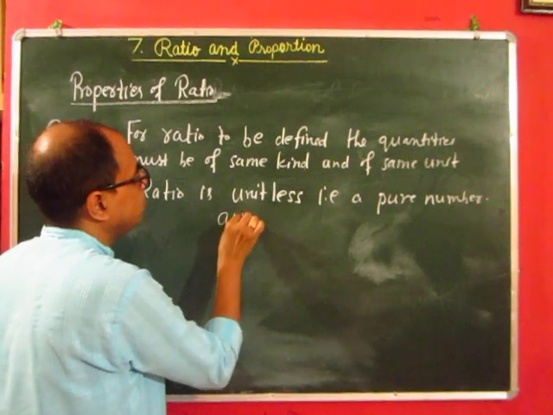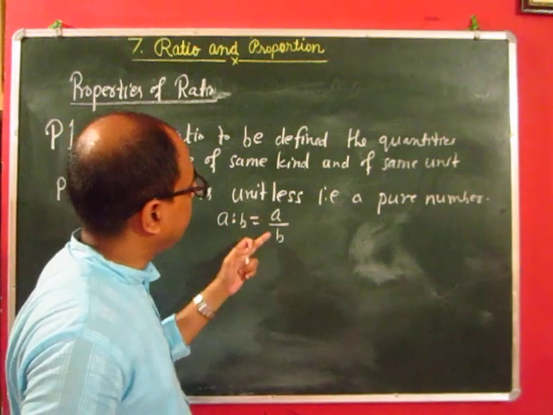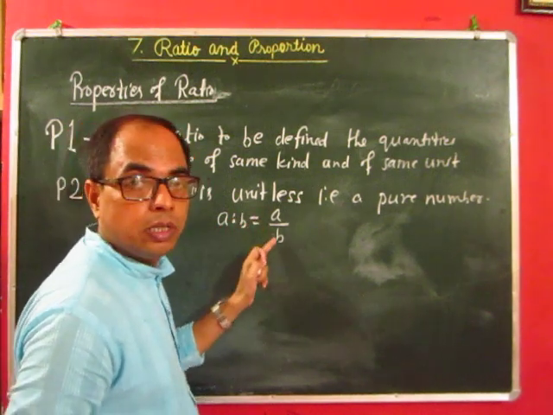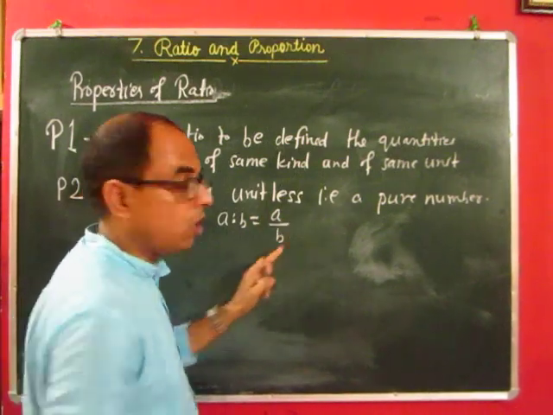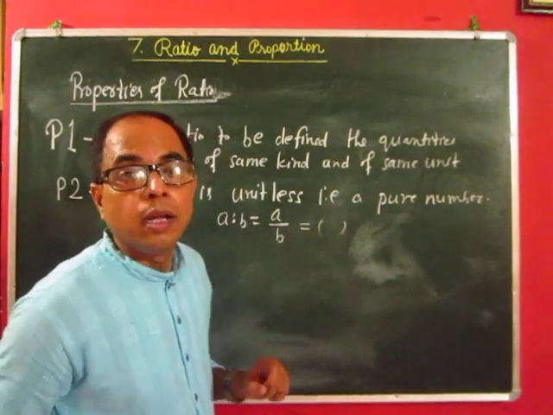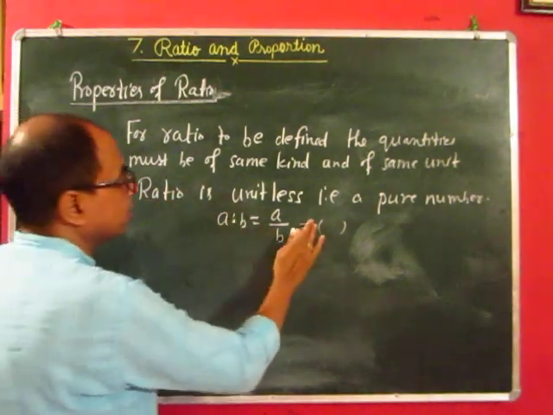A is to B means A by B. Since A and B have the same unit, the unit will cancel from numerator and denominator. So ultimately you will get only a number without unit. That is why ratio is unitless.